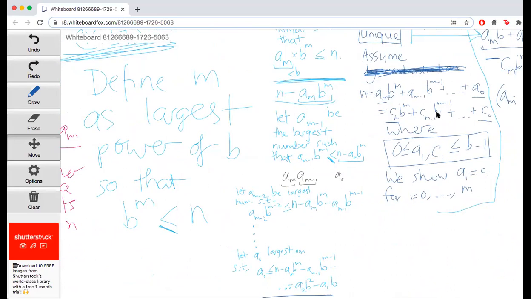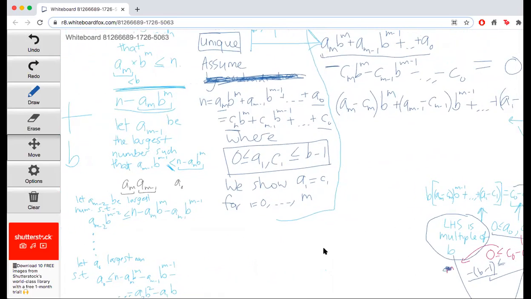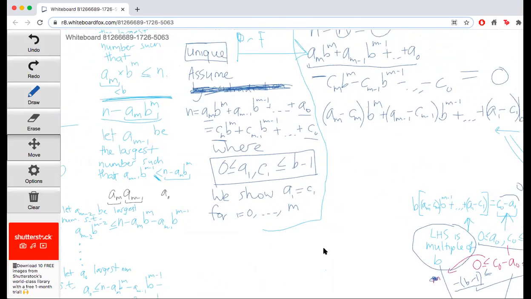So let's say that there were more digits. All right, hold on a sec. I don't know if that applies to the uniqueness part, because we haven't proved that in every expression that b to the m is the largest part of n.